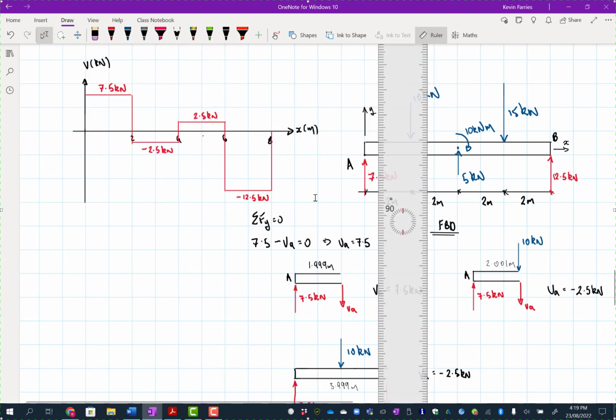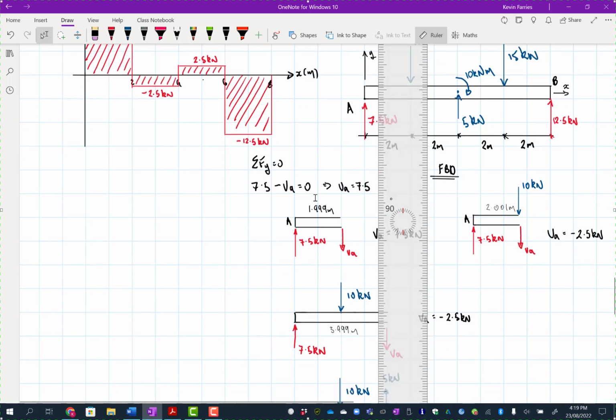Okay, and then we'll just hatch it so it's easy to see where it is. And we should probably put in a title.